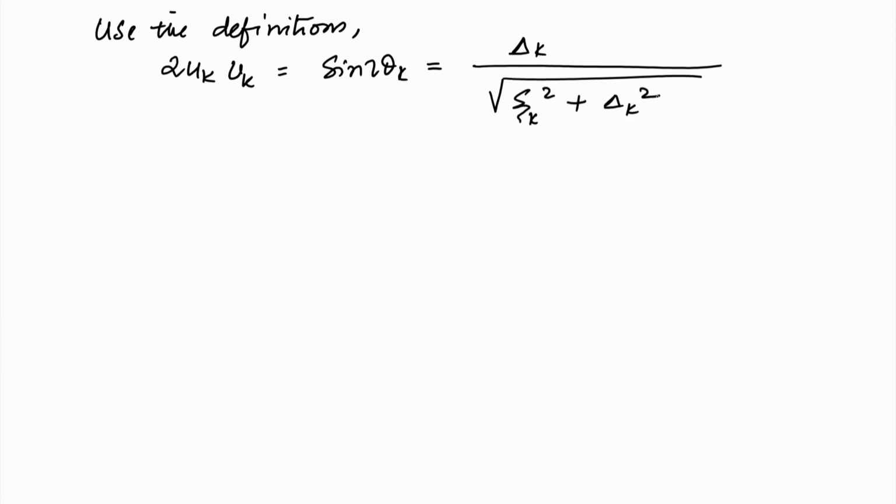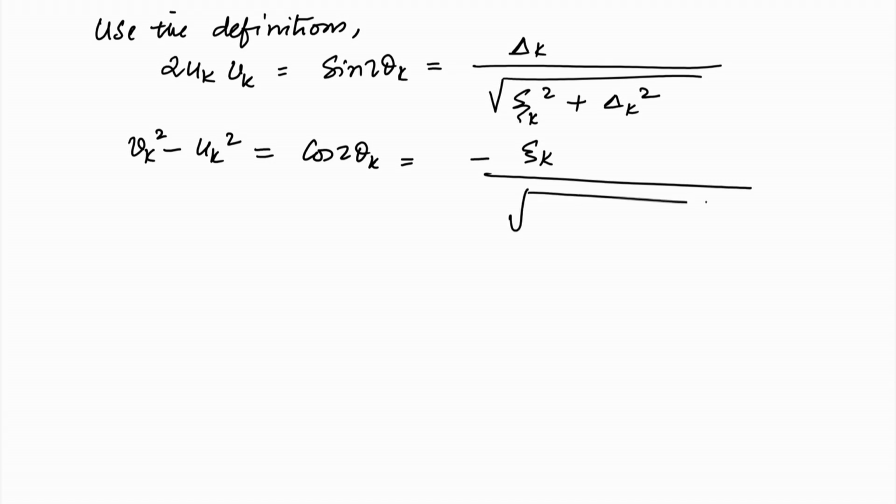So, this is the definition of sin 2 theta_k, which is also equal to twice u_k v_k. And also v_k square minus u_k square, which is equal to cosine 2 theta_k, is equal to xi_k divided by root over xi_k square plus delta_k square.